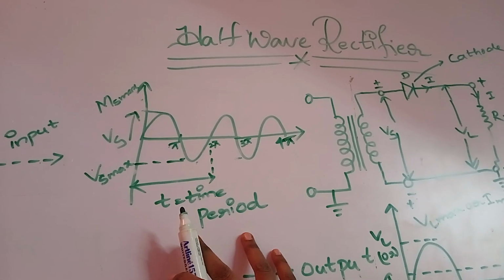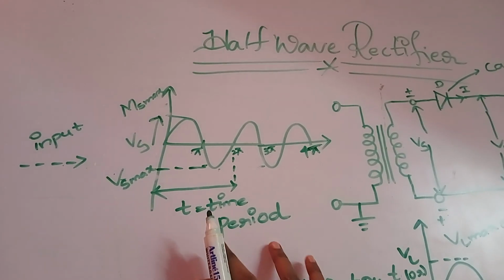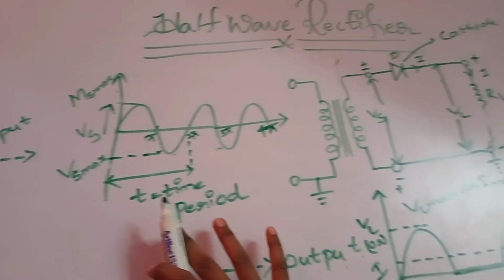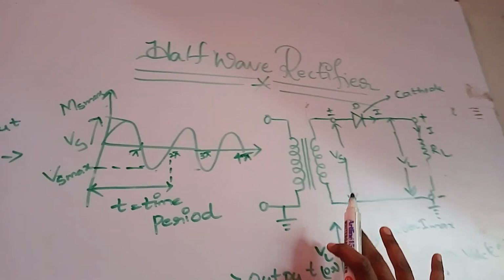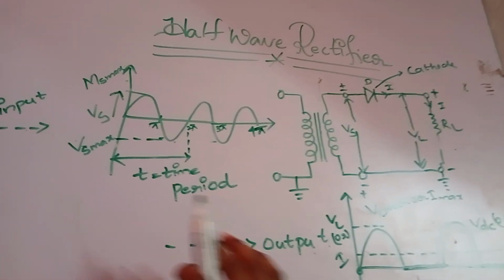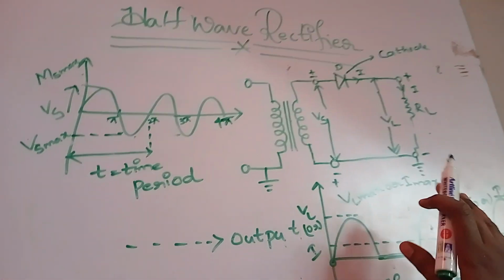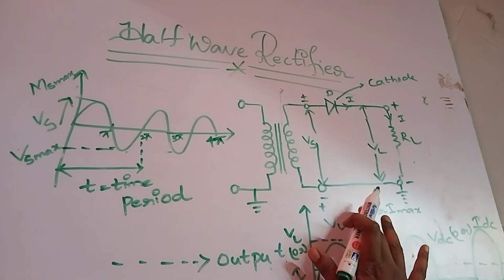This is the AC, alternating current. The alternating current we are giving to the circuit. This is the circuit, the half wave rectifier diagram. This is the input given to the half wave rectifier.